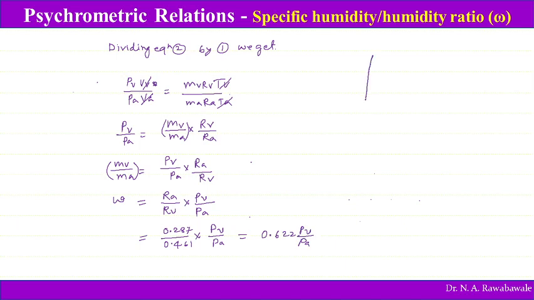So we get the specific humidity or humidity ratio in terms of partial pressure of vapor and partial pressure of air.